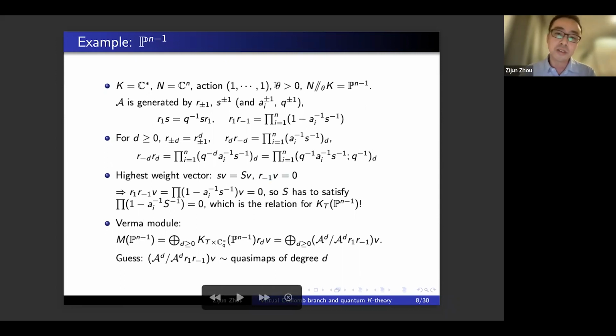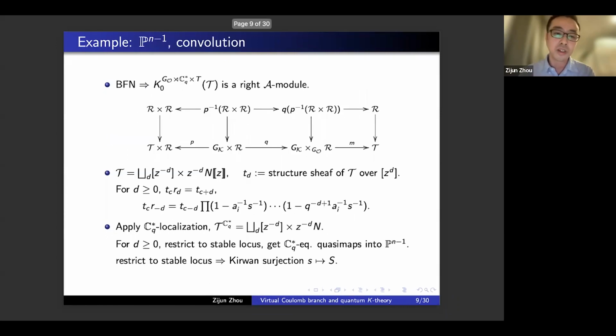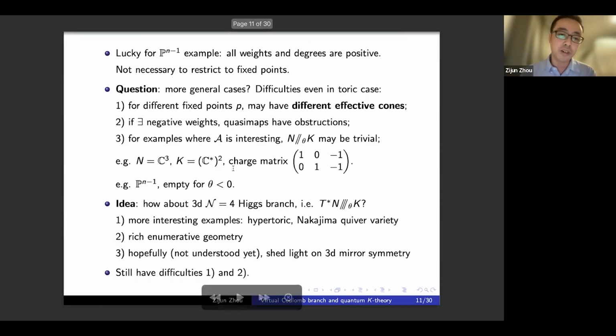You also expect that if you choose theta less than 0, here you should put R_1V equal to 0, and you can also construct a Verma module in the opposite direction. However, for this GIT quotient, if you choose theta less than 0, you get an empty GIT quotient. So you don't get something similar to P^{n-1}. So this is the third difficulty here.